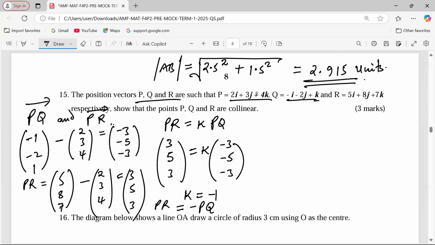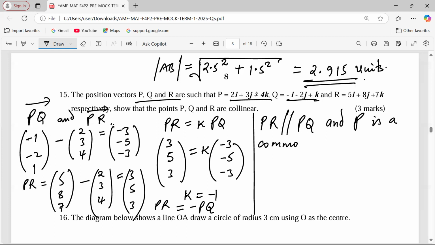If one vector can be expressed as a scalar multiple of the other, then it means the two vectors are parallel to one another. So we say that PR is parallel to PQ. And out of the two vectors, P is a common point. Hence, P, Q, and R are collinear.